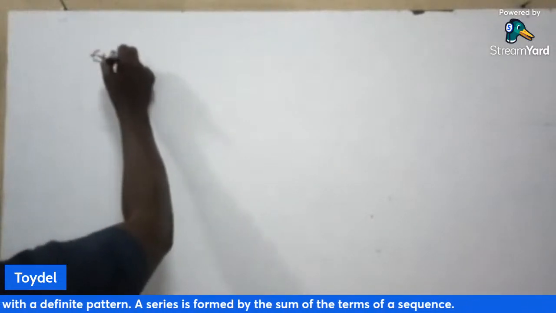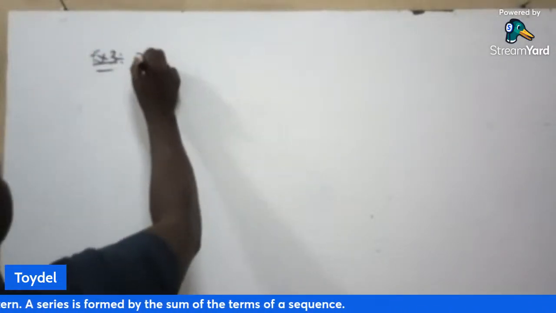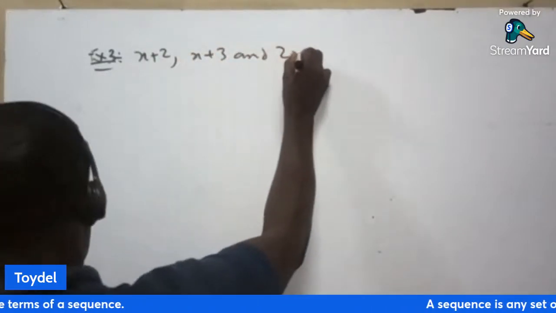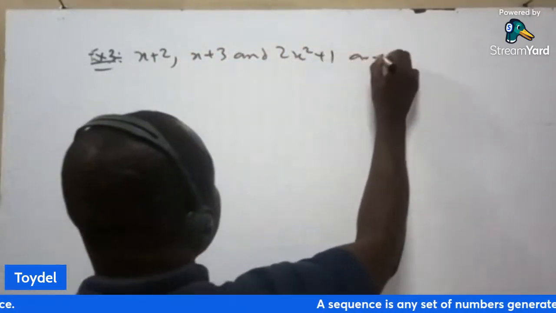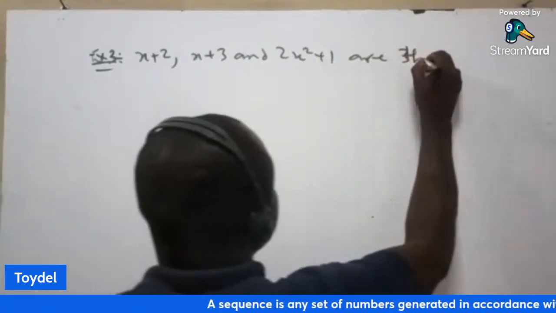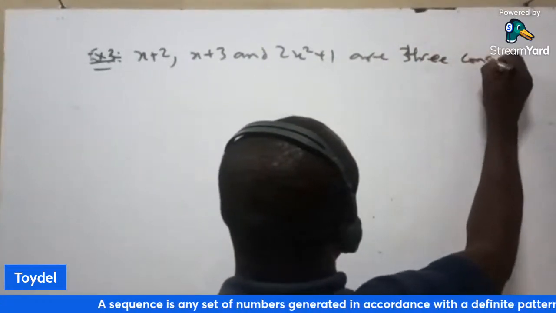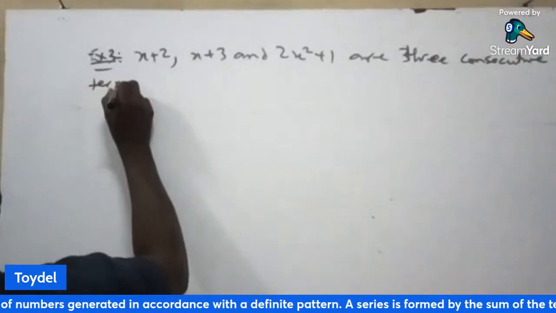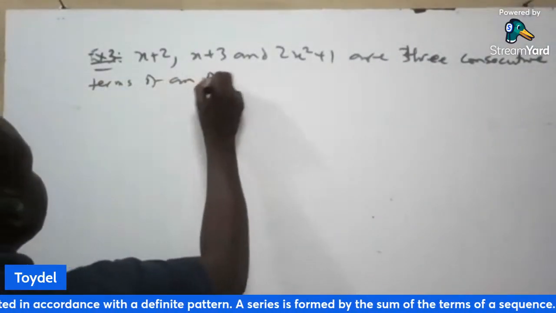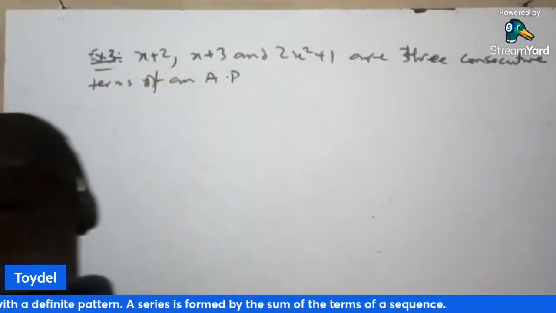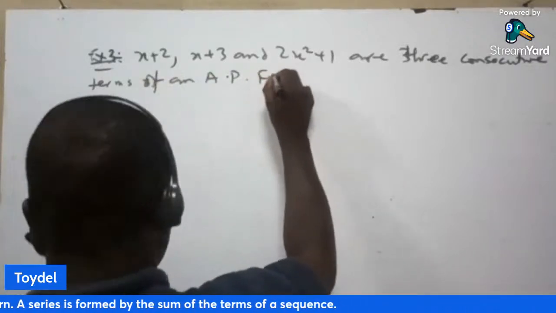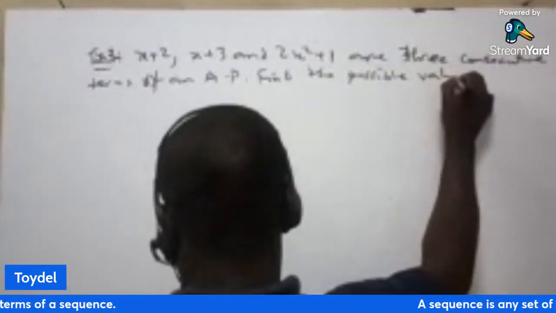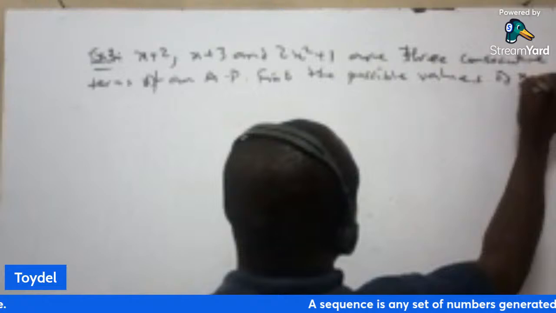For instance, if you have x minus 2, x plus 3, and 2x squared plus 1 are three consecutive terms of an AP. Find the possible value or values of x.